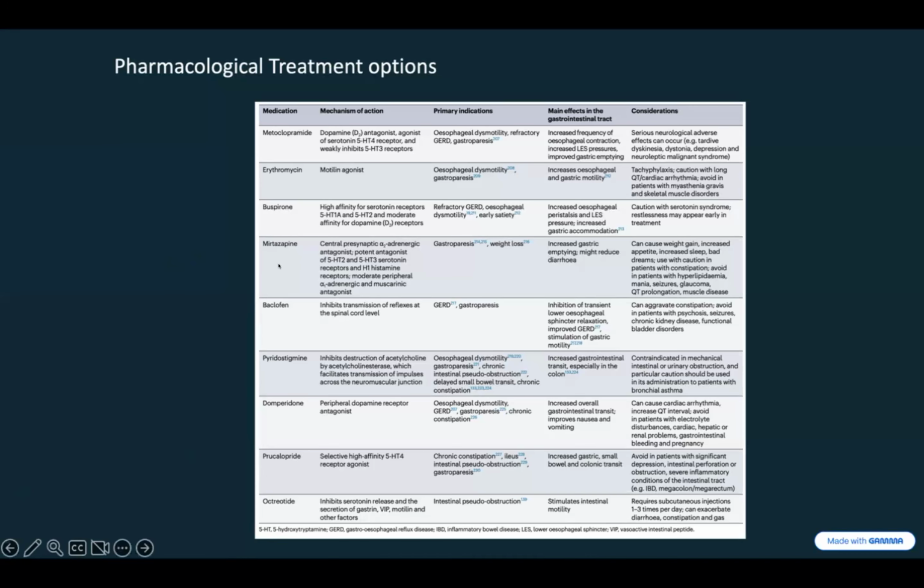So this is something which we can consider, especially for those patients who have an associated depression. And baclofen is also something which we can consider in such patients. Octreotide is for more severe cases, especially for pseudo-obstruction and very severe malnourishment. In very severe patients, you can consider octreotide.